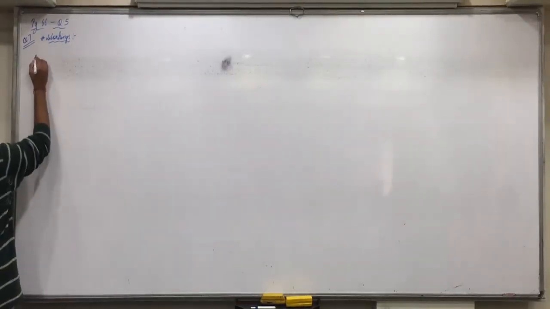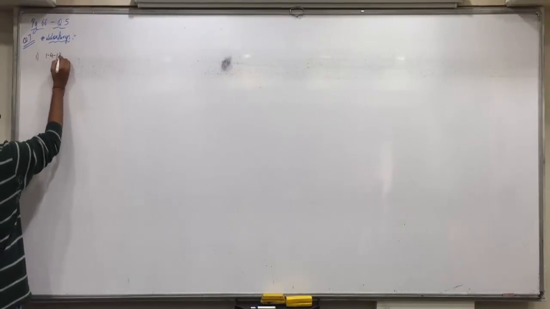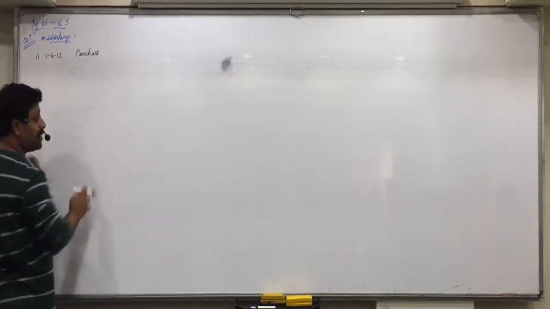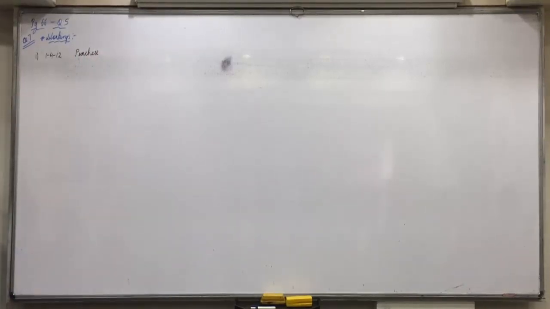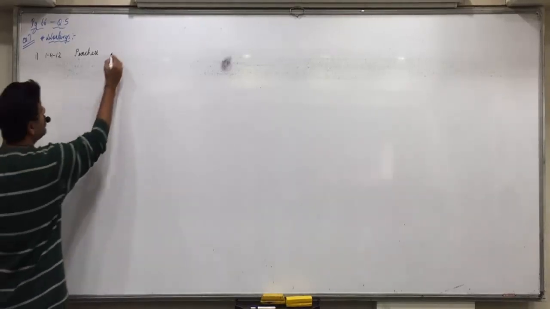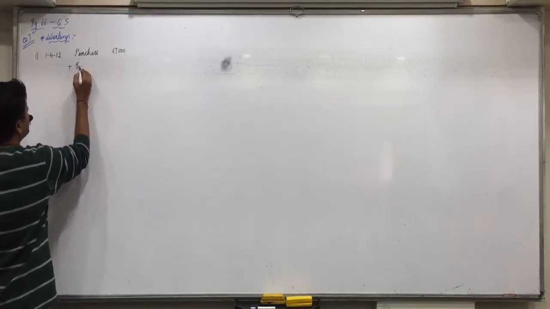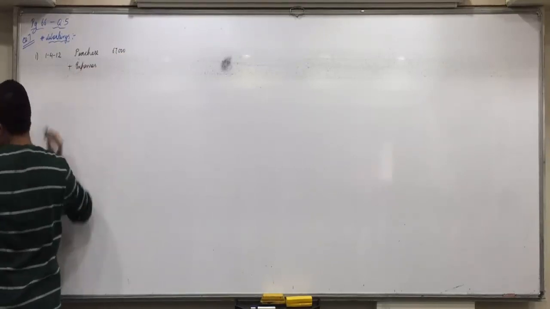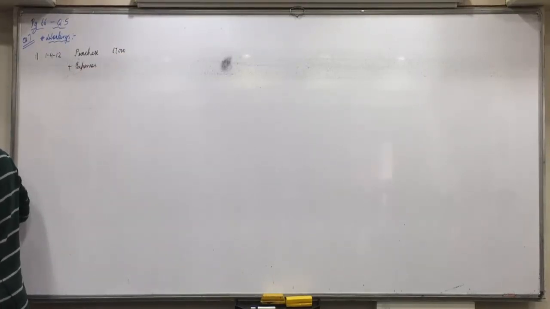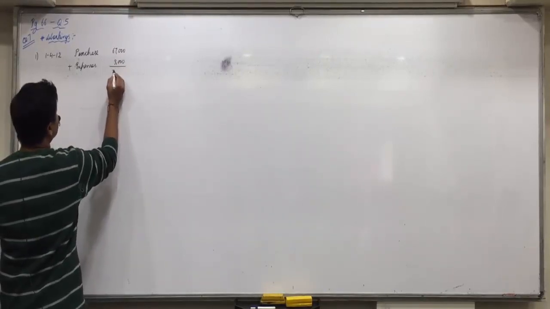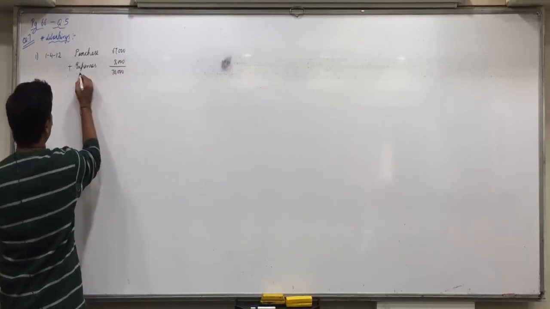Head down: 1/4/12 purchase 67,000 plus expenses 3,000. So 70,000 is the cost.